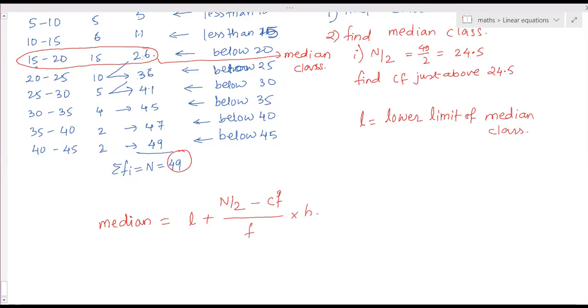So what is the lower limit? 15. So L is 15. N by 2 we already calculated: 24.5. Now what is CF? CF is the cumulative frequency of the previous class.